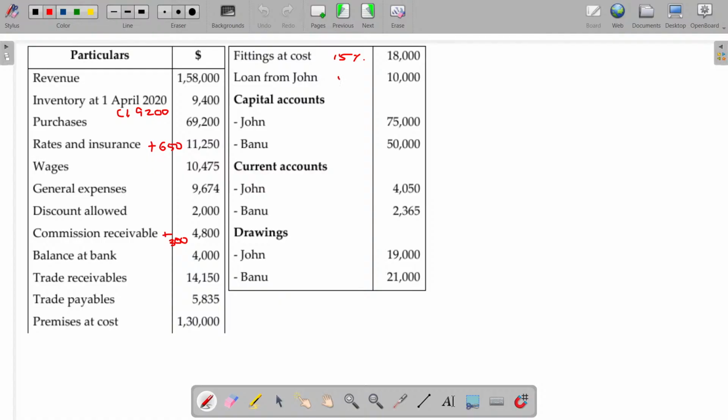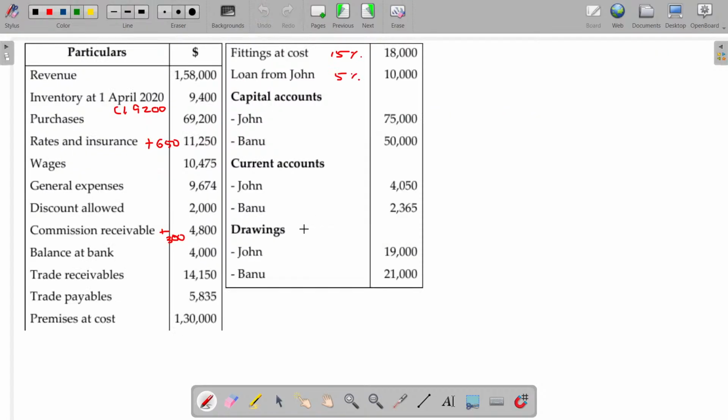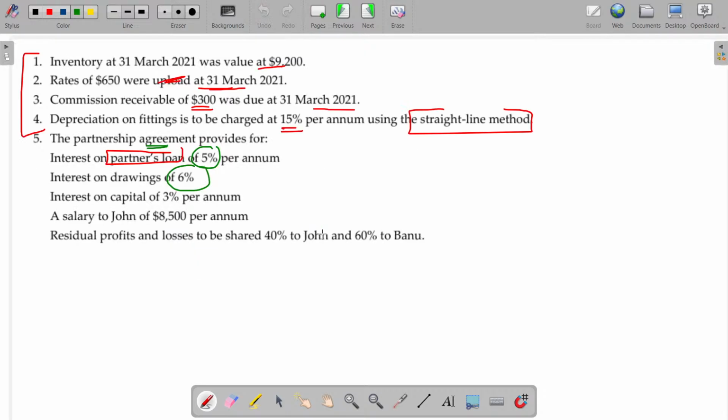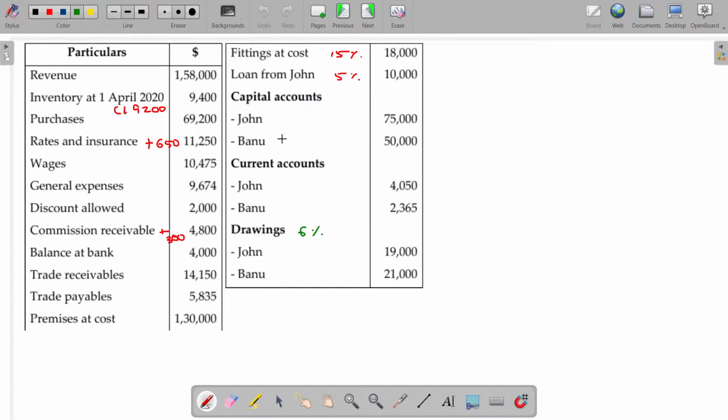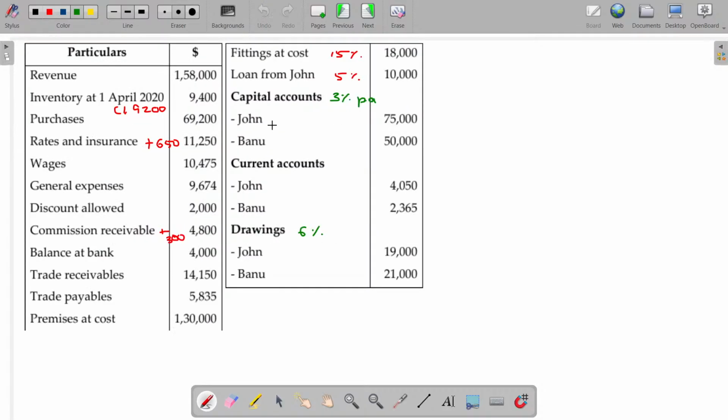This will also be a charge or expense, not an appropriation. Interest on drawings is an appropriation at 6%, and interest on capital 3% per annum is an appropriation. And salary to John 8,500.